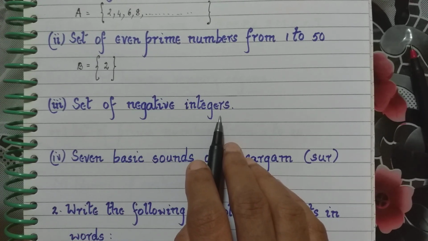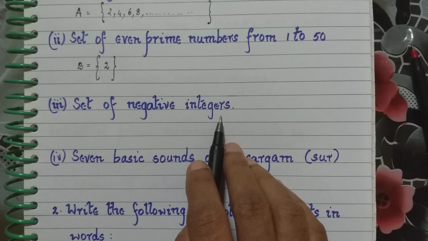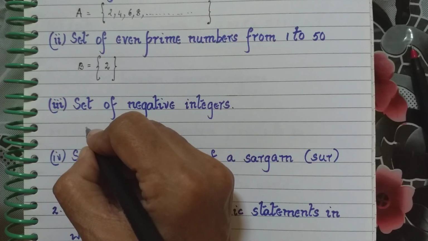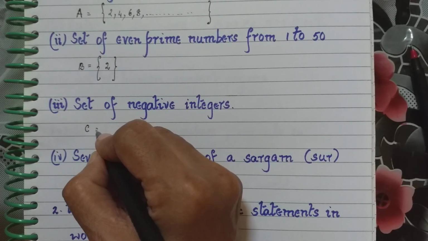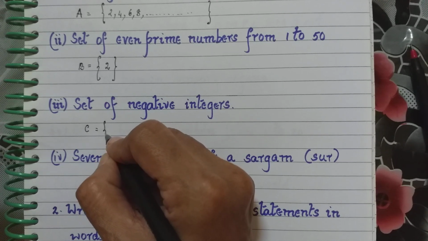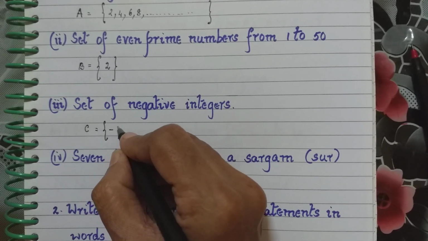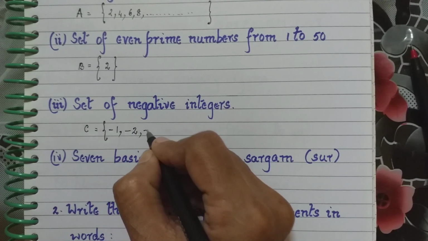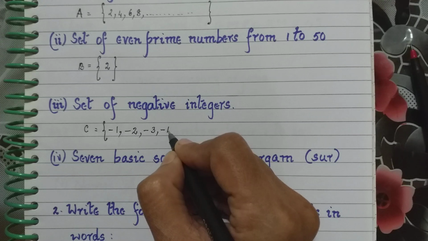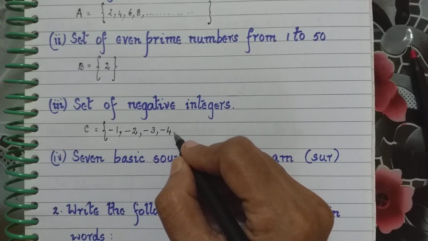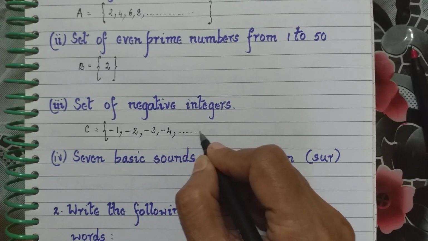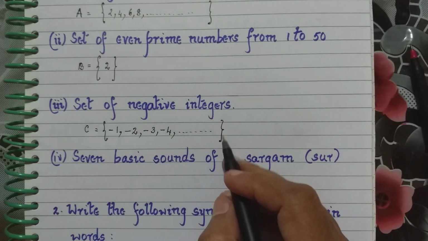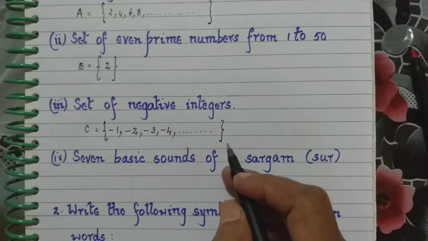When I am writing the set of negative integers, I name the set maybe C is equal to, then I will use the curly bracket and then write minus 1, minus 2, minus 3, minus 4. After writing 4 elements, we put a comma and then put dots and then close the bracket. So, this is the set of negative integers.